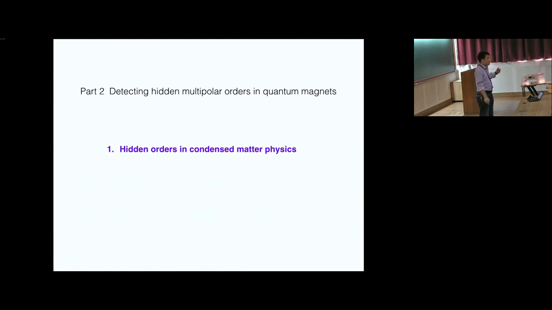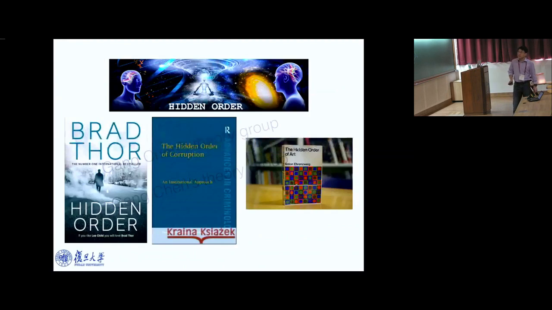So what is a hidden order? Once people see something we don't understand, observe some structure we don't have a name for, then we call it a hidden order. There's some underlying hidden structure there. We don't know how to name it, so we call it a hidden order.